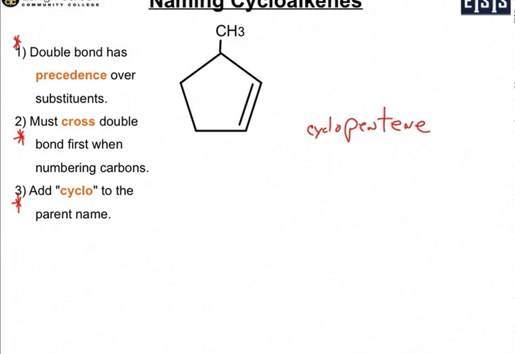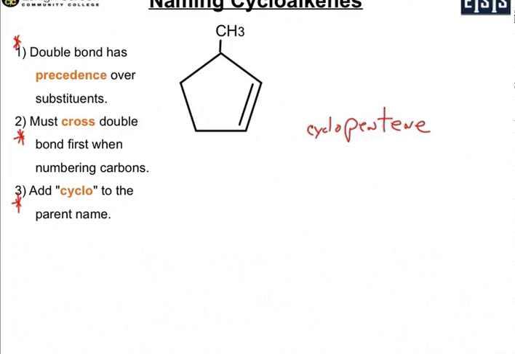But now we also have to worry about the methyl group up here, a substituent. We have to identify that there is a substituent methyl group on this cyclopentene. So the rule is to start with number one. We need to number the carbons in this structure.